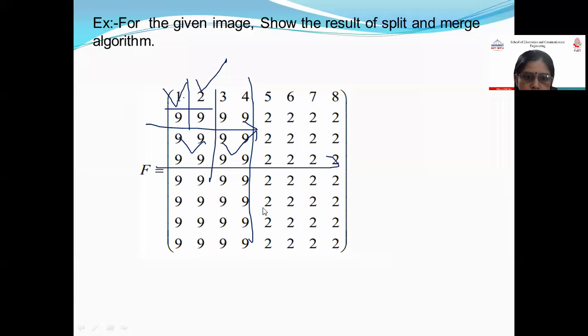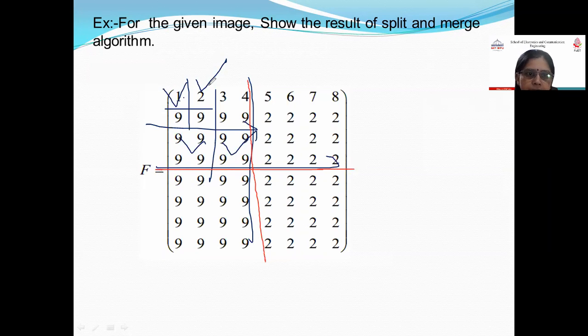So here, when we consider entire image, here minimum value is 1 and maximum value is 9. 9 minus 1, difference is 8, which is of course greater than 4. So we need to split it. We need to split this into 4 regions.